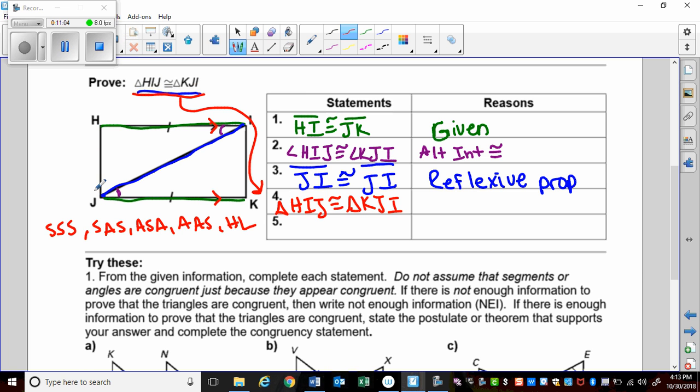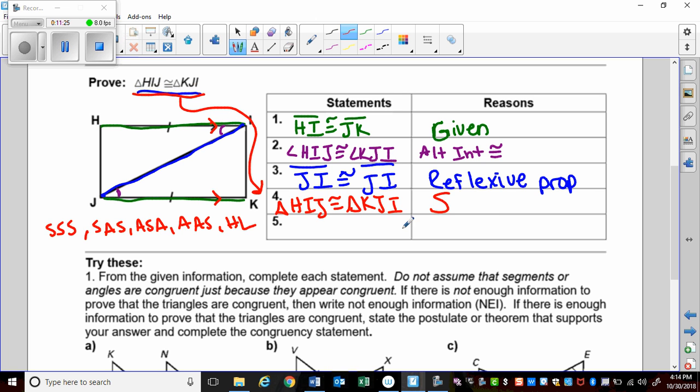The order does matter. I'm going to start over here where there's nothing. You got to cover up one of the triangles first, okay? I'm only going to look at the top triangle. I'm going to start over here where there's nothing, and then I'm going to go around clockwise or counterclockwise. It's up to you. If I go clockwise, this is a side, which is S, side.